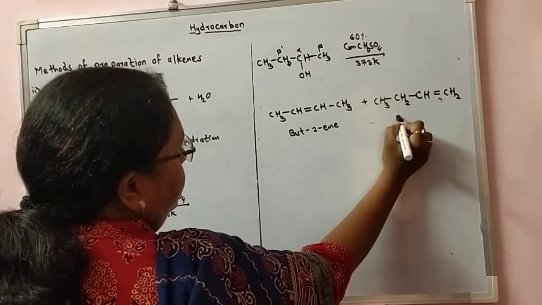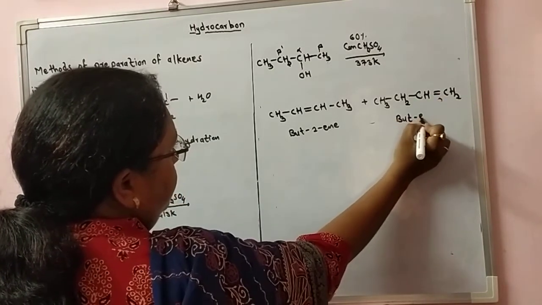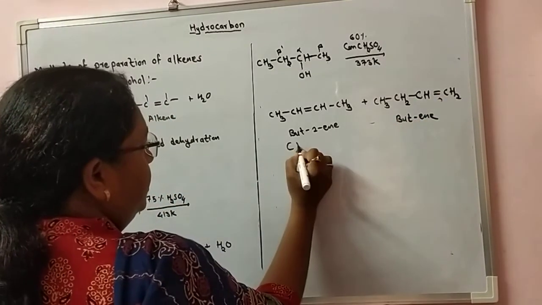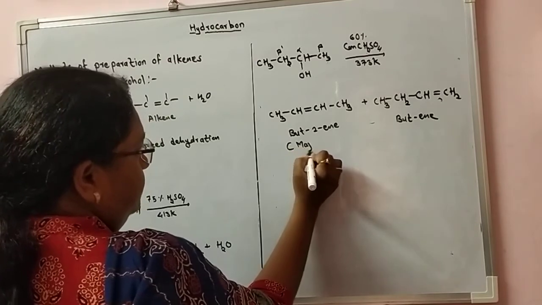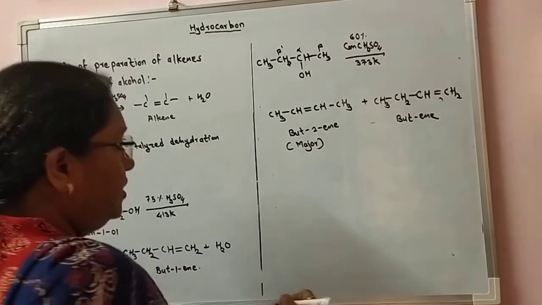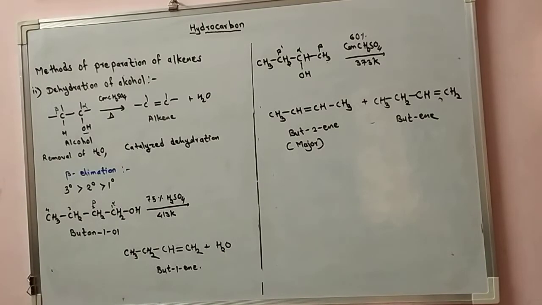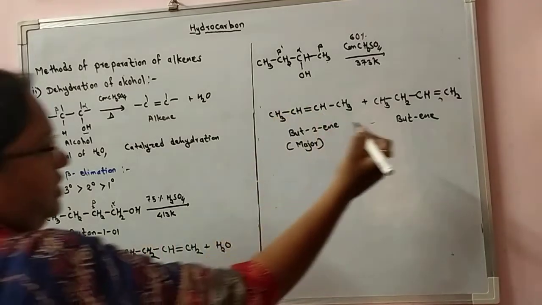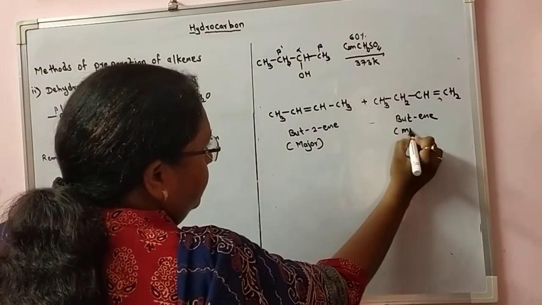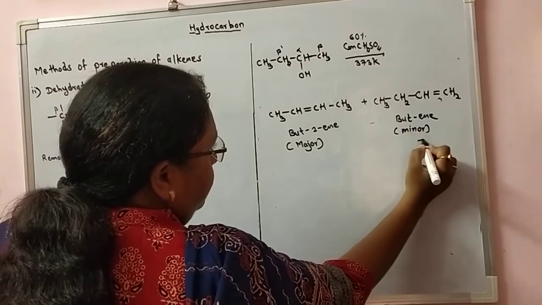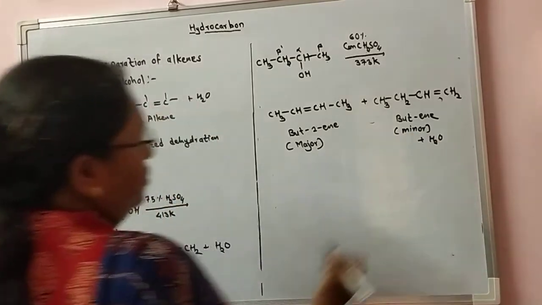So but 1-ene. The major product is the former, as it is a disubstituted alkene. The more substituted alkene is the preferred product according to Saytzeff's rule. So in this type of reaction also we can predict the major product, which is but 2-ene, and this is the minor product, and the other product is water.